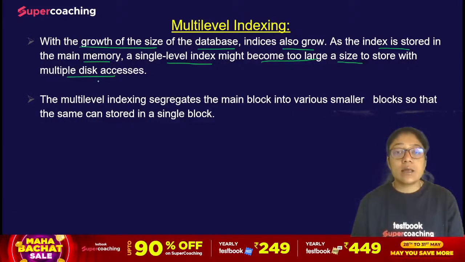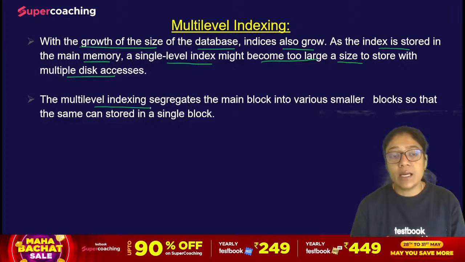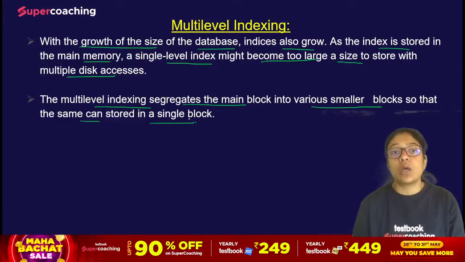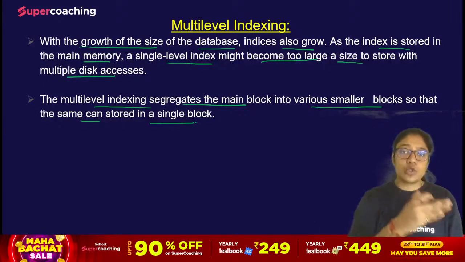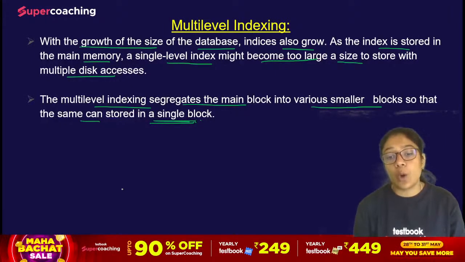So it's sometimes becoming too large to store that in the main memory. So the multi-level indexing segregates the main block into various blocks so that the same can be stored in a single block. So we divided one index file into small blocks, and we are doing this indexing till we get a single block.